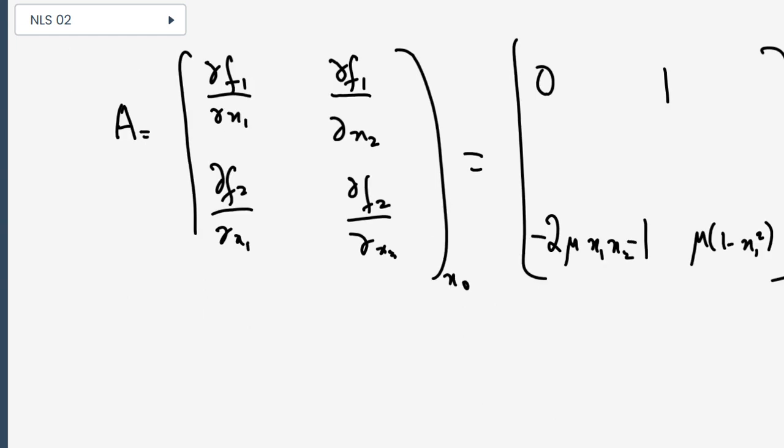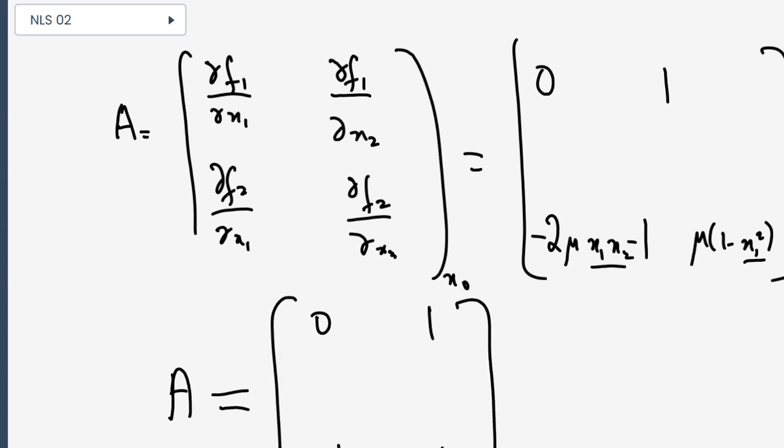So we now put x1 and x2 equal to 0 to get rid of this. So this is 0, 1. Put x1 x2 equal to 0, this becomes 0, and only minus 1 remains here. X1 equal to 0, so mu remains here. So this is our A matrix.